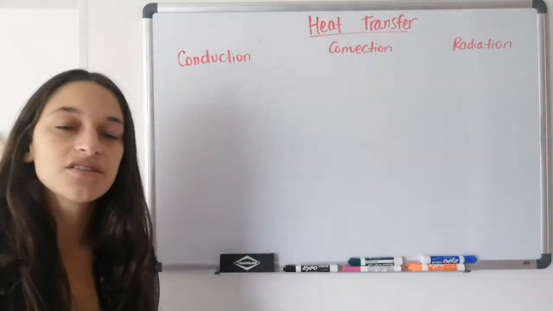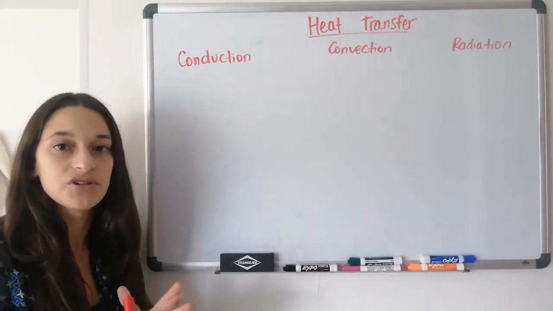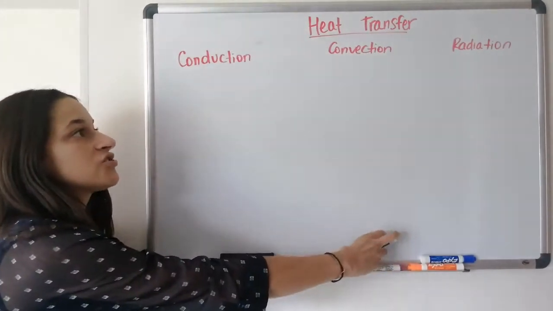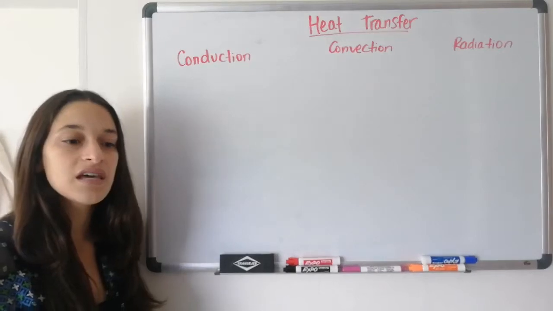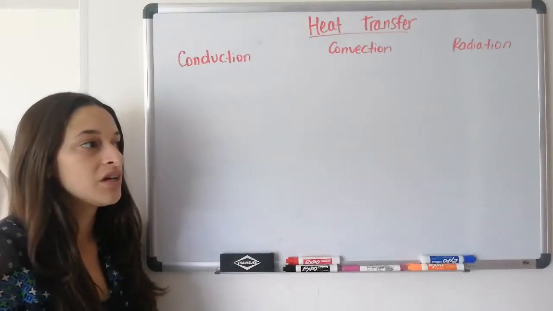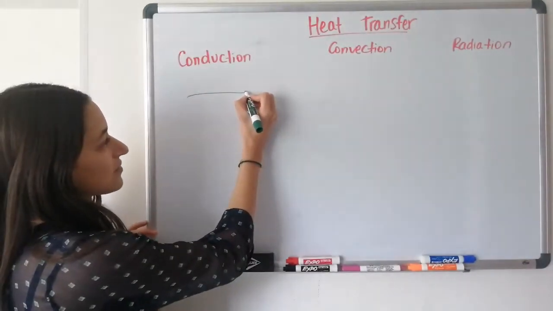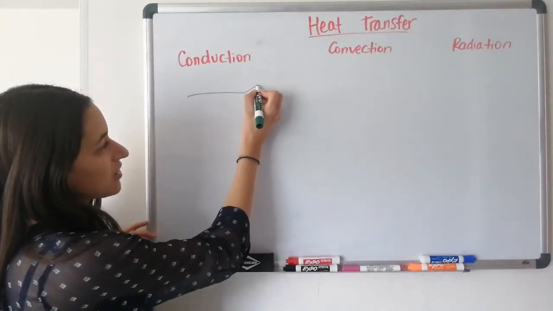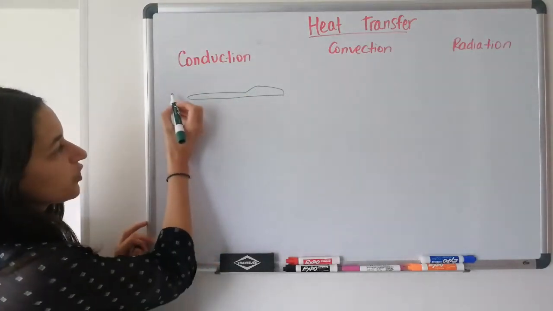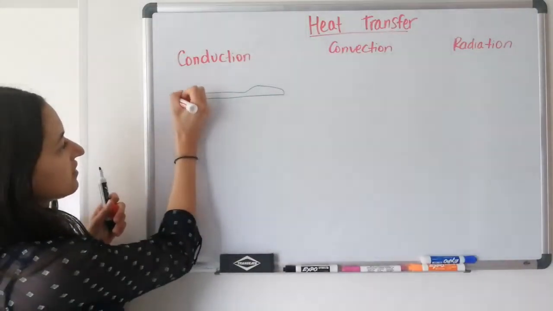So conduction talks about when objects are in contact with each other, or molecules are in contact with each other. And the way in which heat is transferred in these cases is because of molecular collisions. So for example, if you have a knife, and you heat one end of it, so you give some heat to this end.